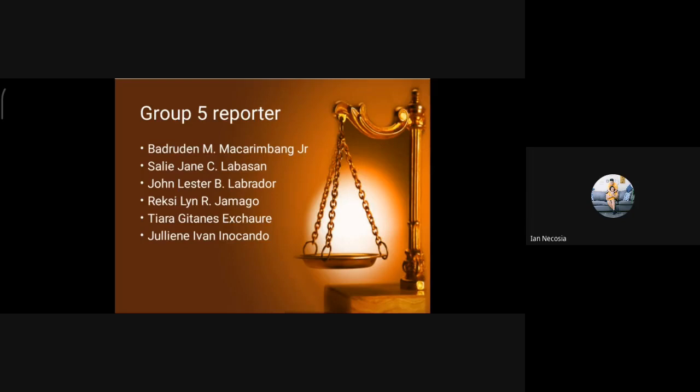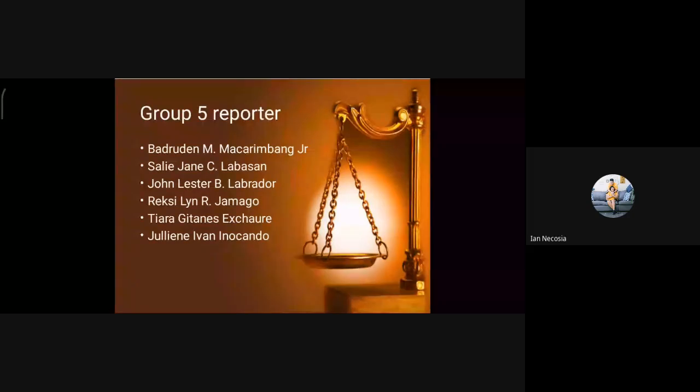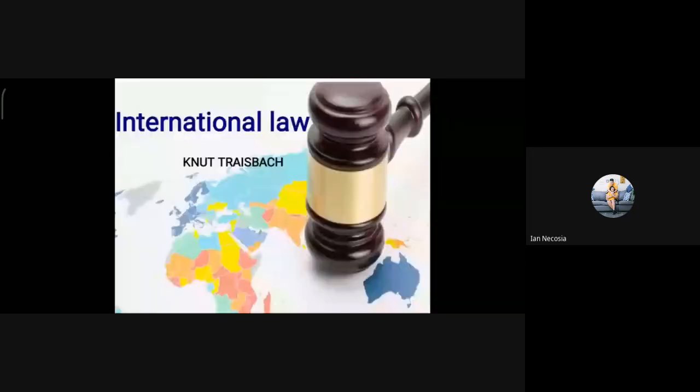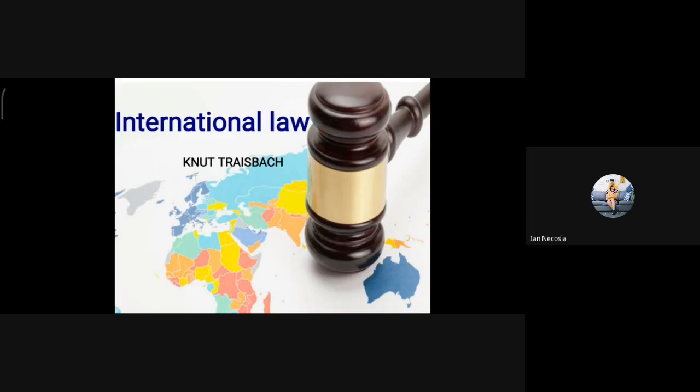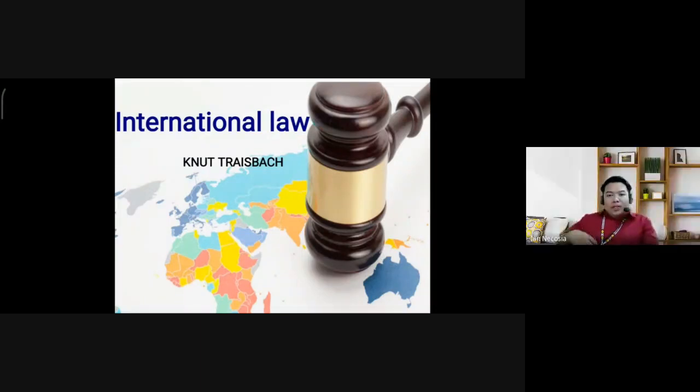Okay, very good. So basically, when we talk of international law, this is different from a domestic law, right? So the first thing you need to understand is the difference between an international law and a domestic law.